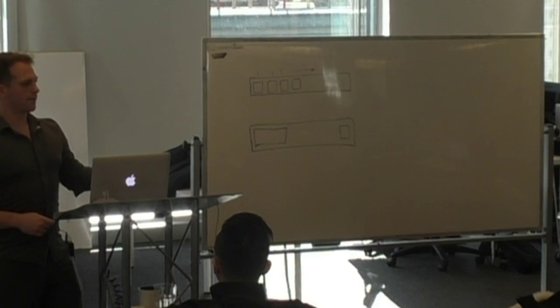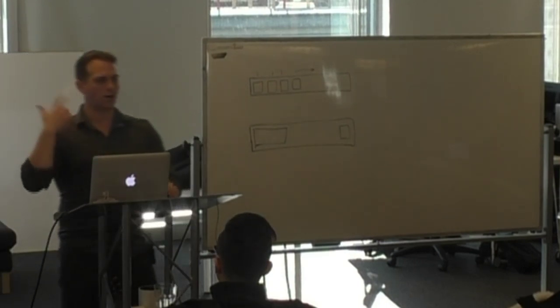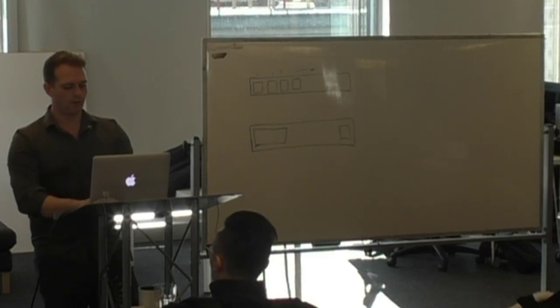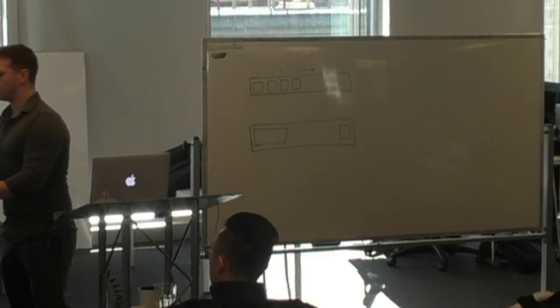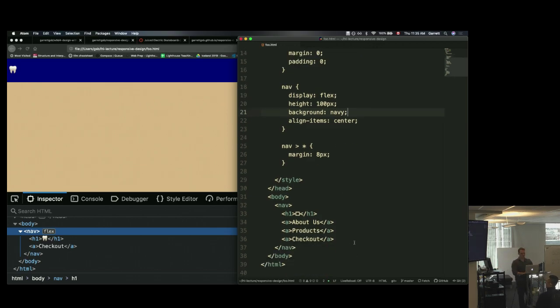Is this making sense? So now we have another semantic concept that we're going to add to our markup. We flip back to our source code here. Look at this nav bar now. We are going to add an HTML element that means this is a meaningful group.